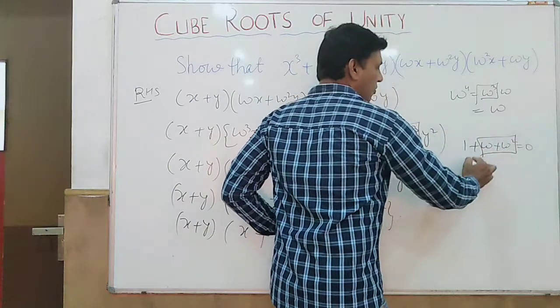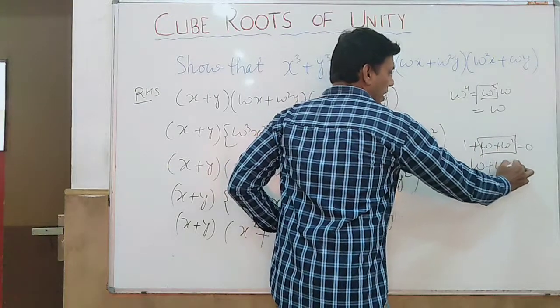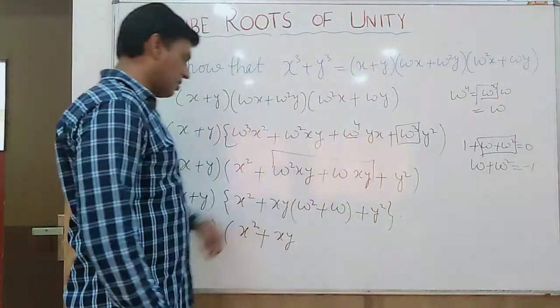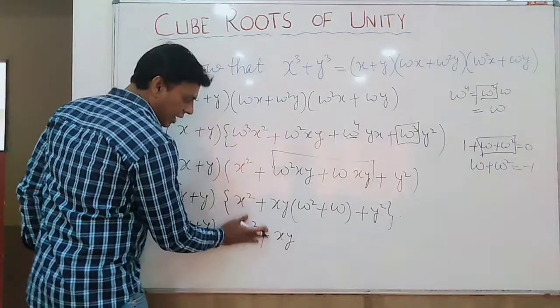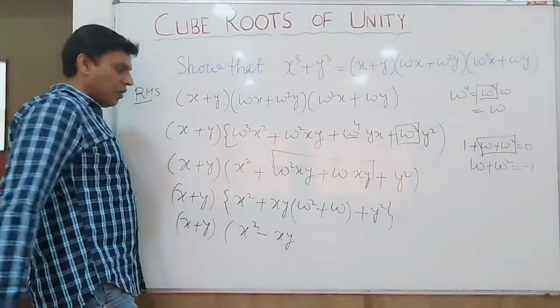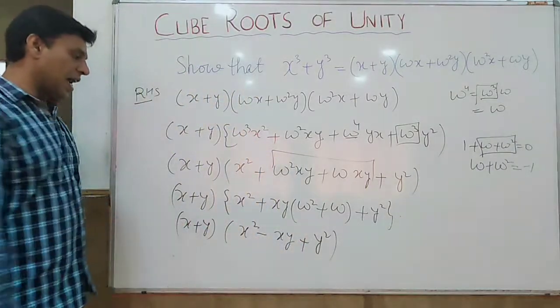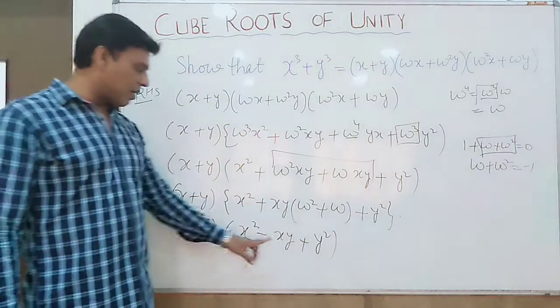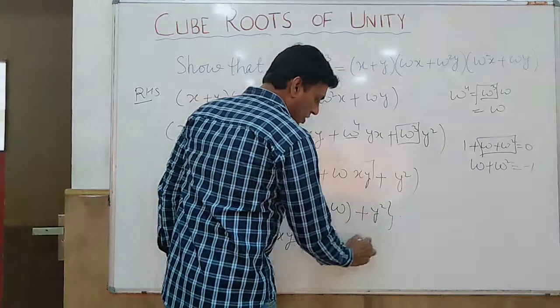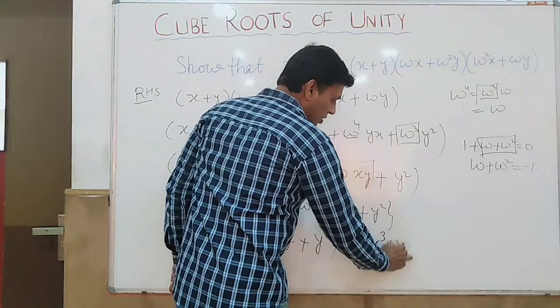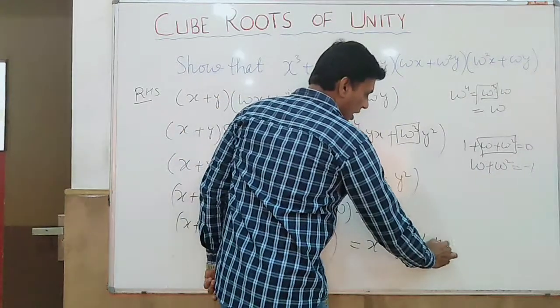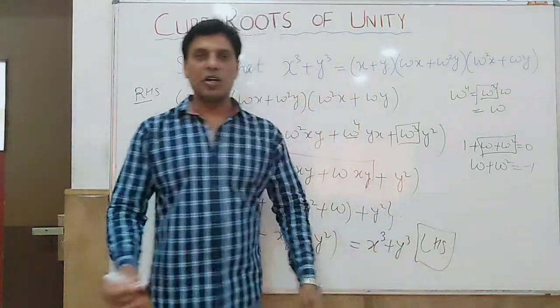So in place of omega plus omega square we can write minus 1. So here we will put minus 1, due to which it will become negative, plus y square. Now this is an identity. X plus y into x square minus xy plus y square, which is equal to x cube plus y cube, which is our left hand side, and we have solved the question.